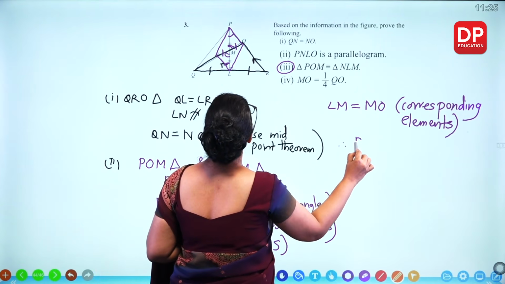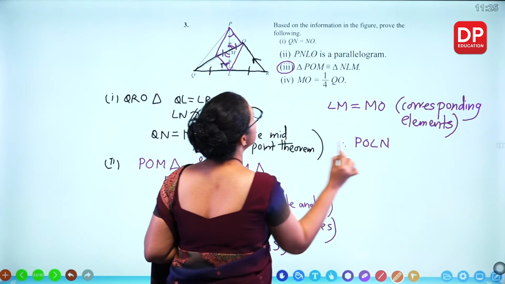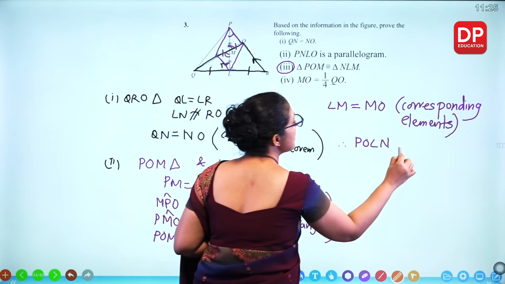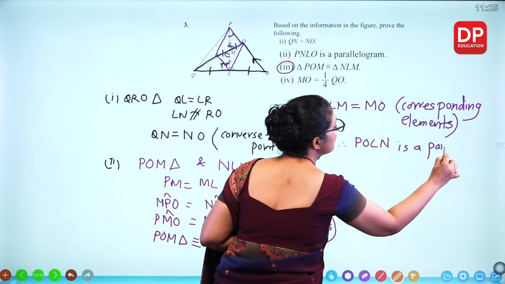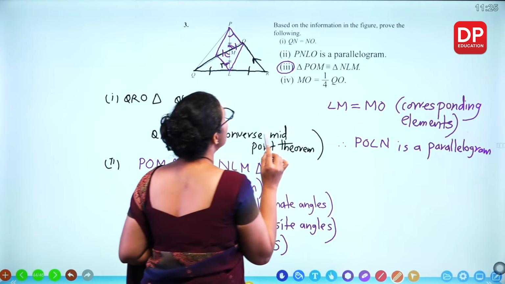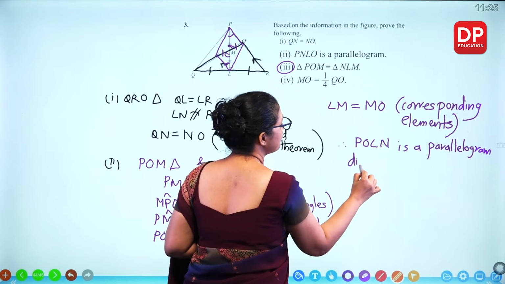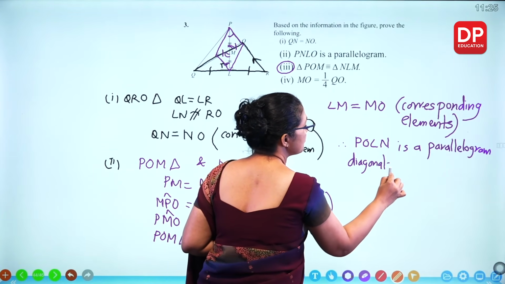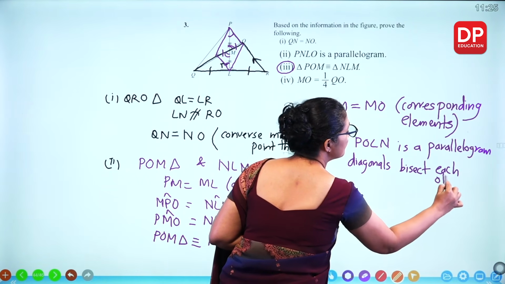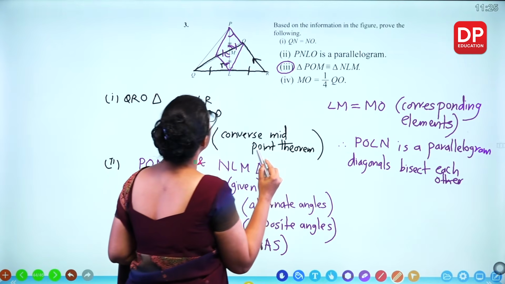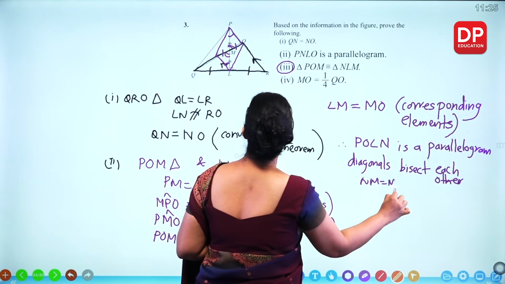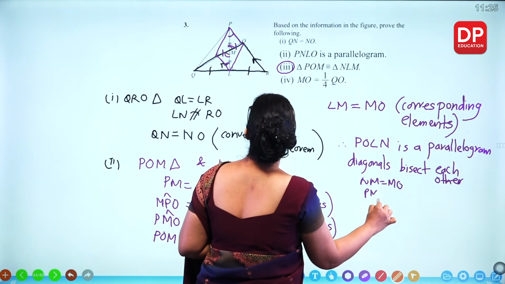We can say POLN is a parallelogram because of diagonals bisect each other. You can write because of NM is equal to MO, and also PM is ML.